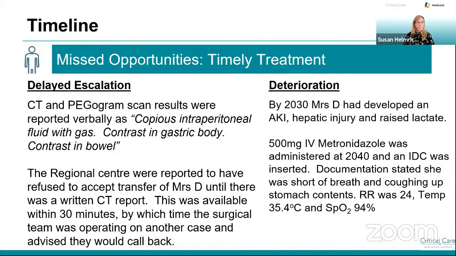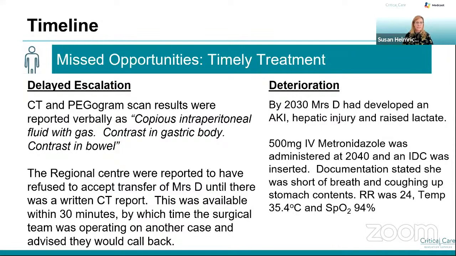All right, so Mrs. D at this stage was ordered to have a CT. She went off and had a CT of her abdomen and a pegogram, performed fairly quickly after that initial deterioration. During the scans, the nurse stated that they were quite concerned about Mrs. D's clinical status and her instability during the scan.